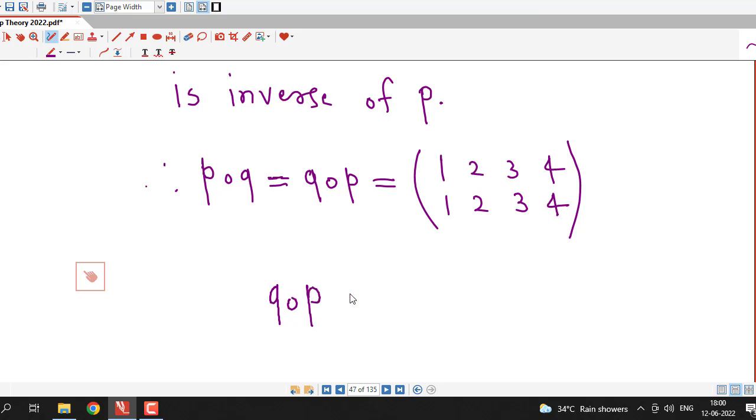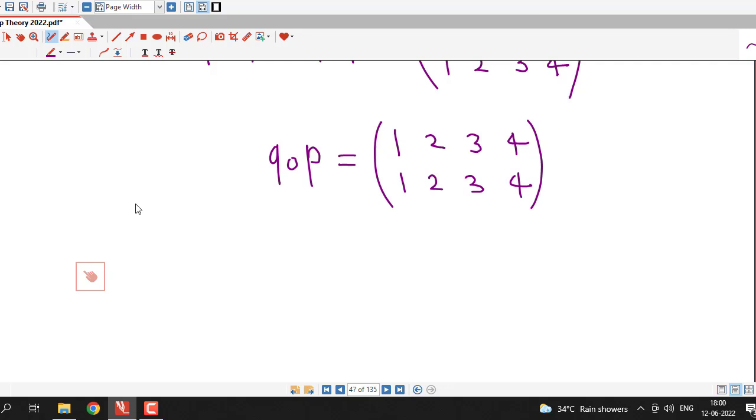We write that q composite p equal to 1, 2, 3, 4, 1, 2, 3, 4, and we use this fact to decide our inverse permutation q.